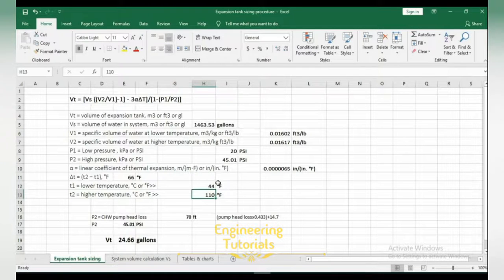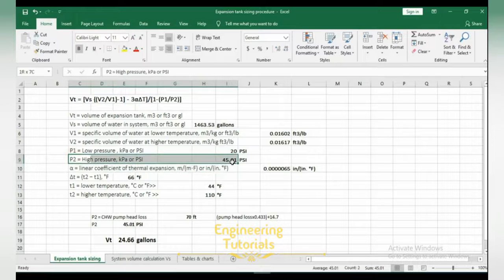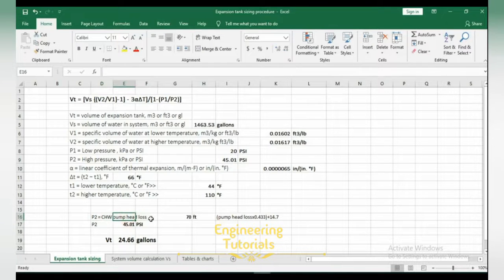So now we have to calculate the high pressure, that is 45 psi. How does this come out? P2 is basically our system maximum pressure. System maximum pressure is basically based on the pump head, which we have already calculated. If you have seen my previous videos related to chilled water pump head calculation, you can calculate the pump head and use that value over here to calculate your expansion tank size.